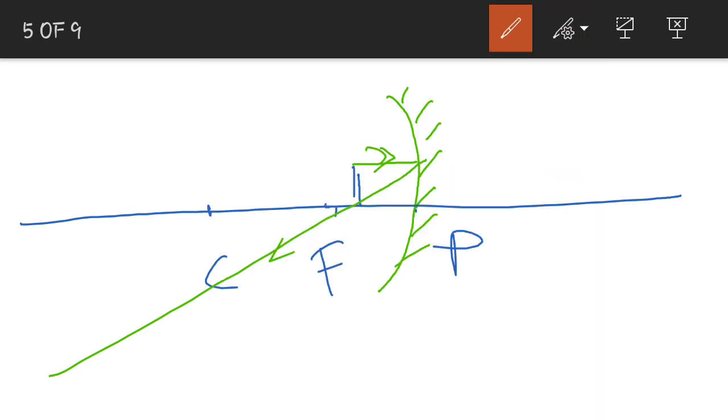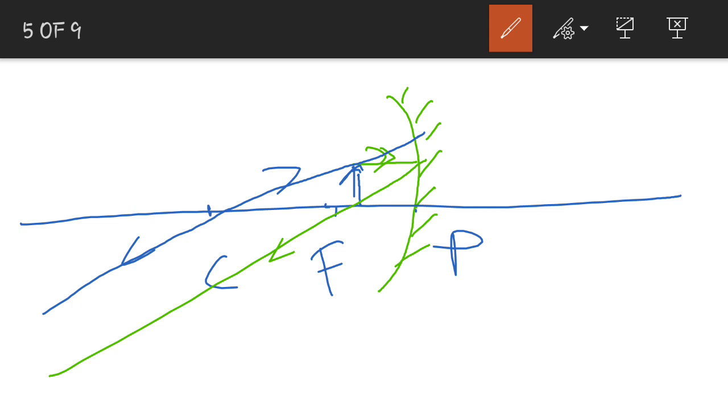And the second one is passing through the center of curvature. You have to see this line passing through the center of curvature, but it has to touch the head of the object also. Passing through the center of curvature, it will retrace its path. Reflection will be in the same path.